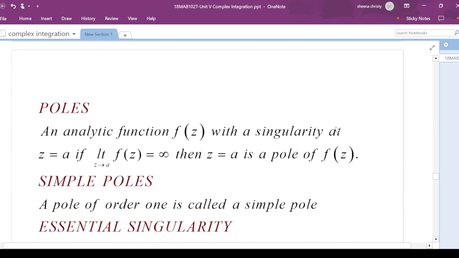Next, we are going to see poles. What do you mean by a pole?